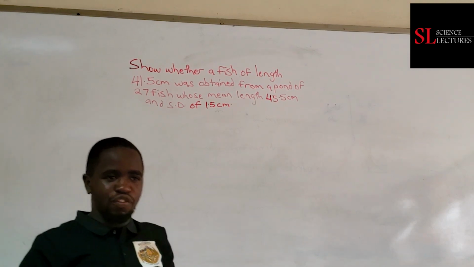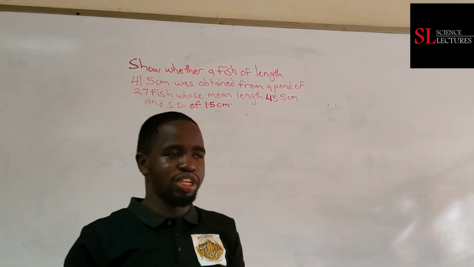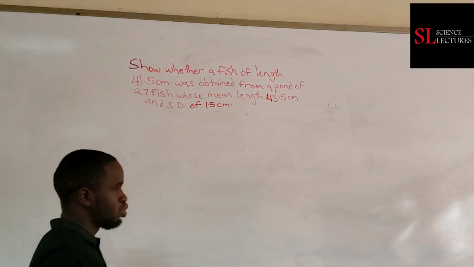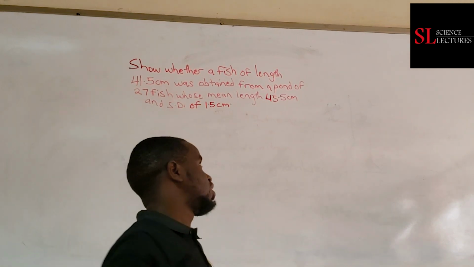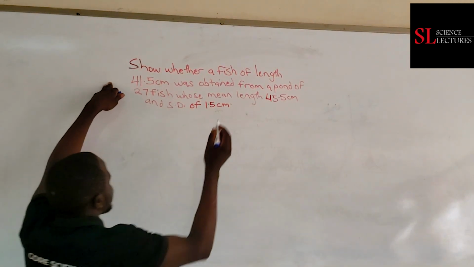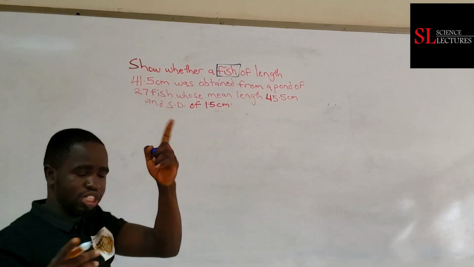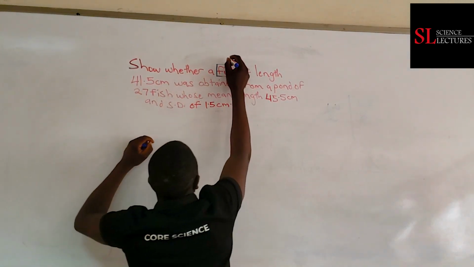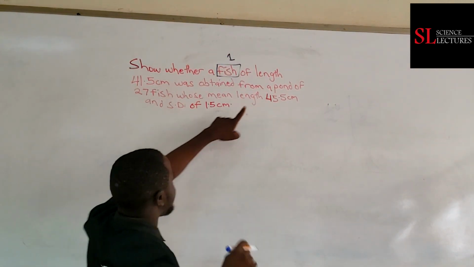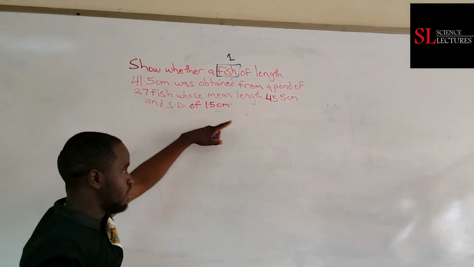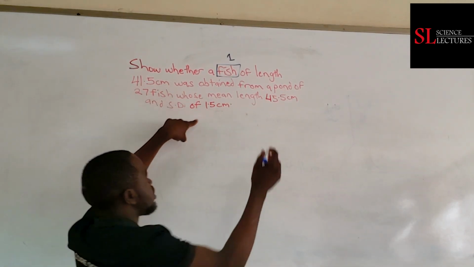So before you work out any question, you're supposed to look at the different integrities. For example, here they are telling me to show whether a fish, so that would just say that yes, it is one individual. They have talked of a pond. A pond definitely has a lot of fish, but they have given me the mean length.